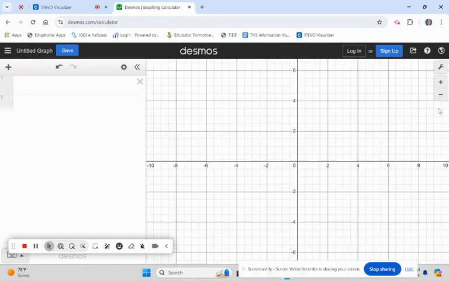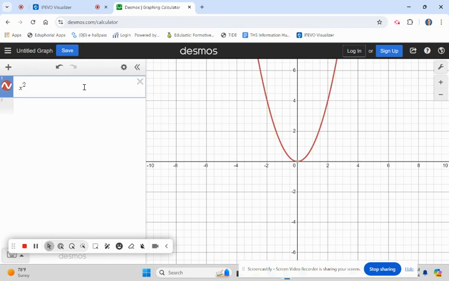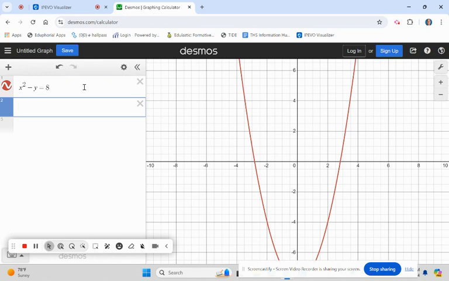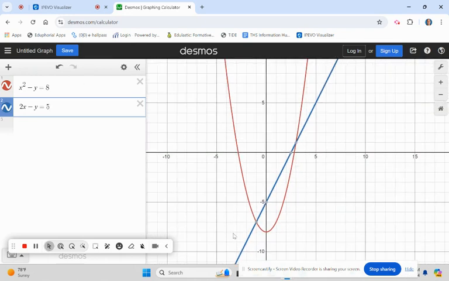And you want to press the home screen whenever you start a new graph. So then that's x squared. All right, now you'll see here that it crosses twice, so we have 2 points that are solutions.